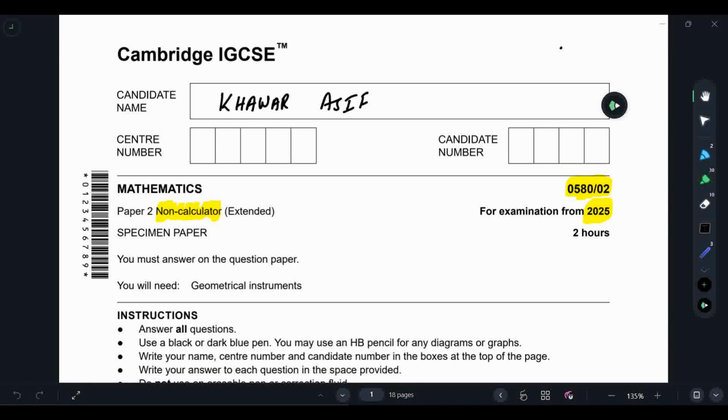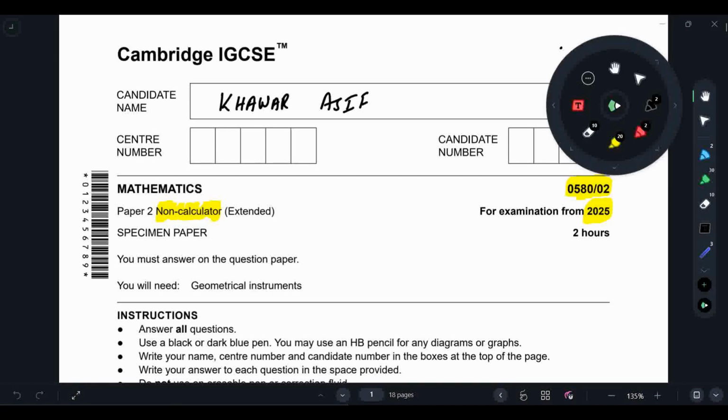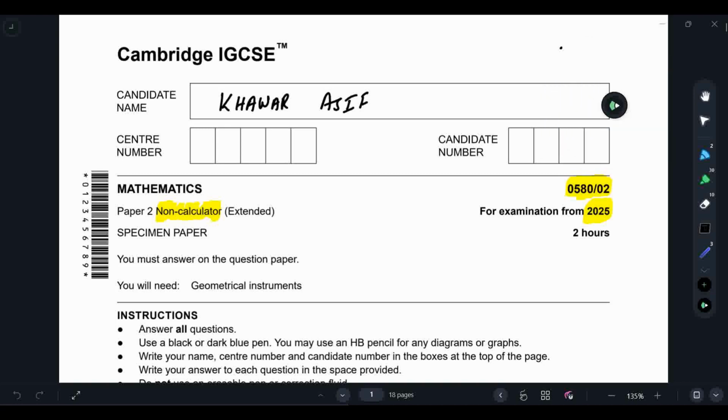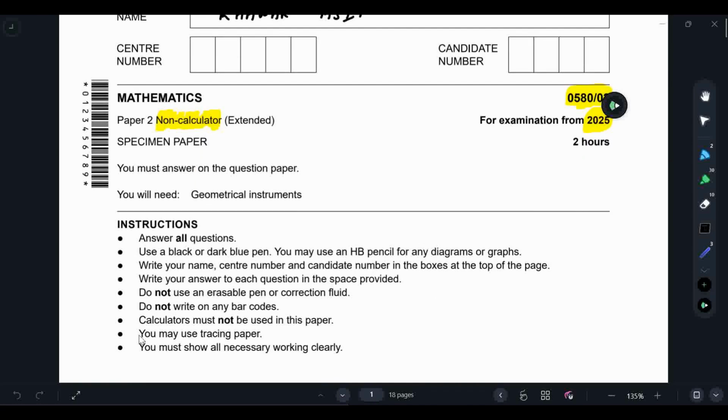Hello everyone. Today we are going to discuss the May-June 2025 Paper 2 related to Math 0580. In the last class we discussed questions 1 to 15, and today we will discuss the remaining questions.